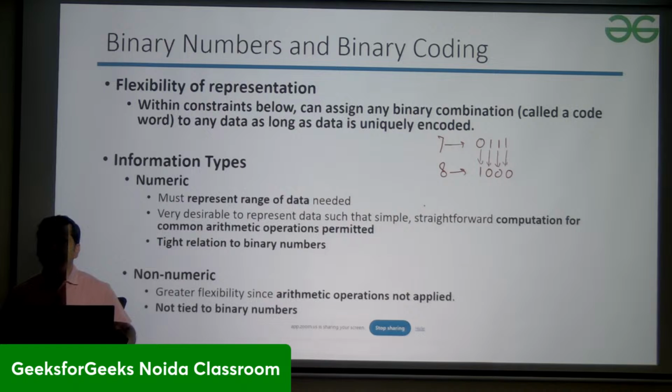There are lots of sources that could harm your data, and harming means it can change the value, it can flip any bit, and that will give you the wrong information. So there should be a mechanism through which we can represent our data as coded information so that we can easily identify whether the code is correct or not.